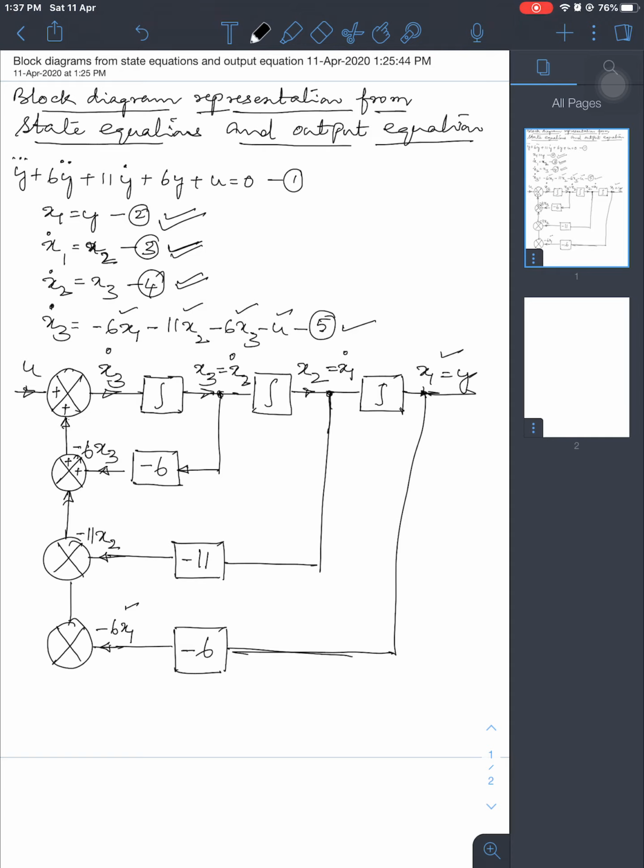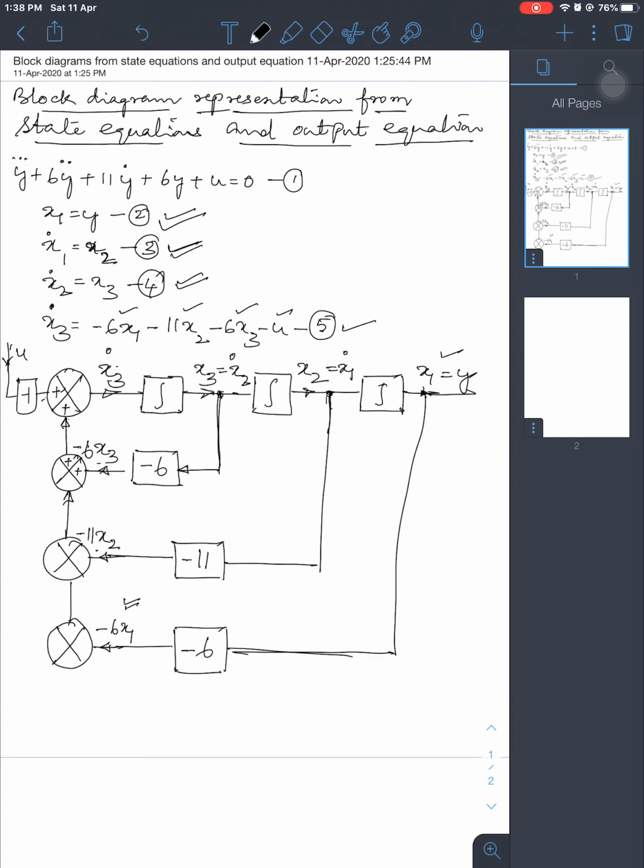Now for x3 dot, I'll take minus 1 for the input, so the signal is minus u, and here you are getting minus 6x3, minus 11x2, minus 6x1.